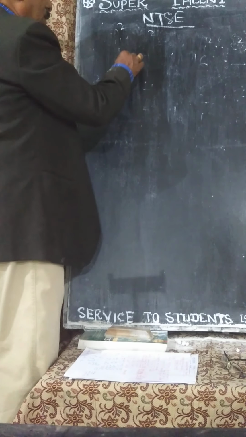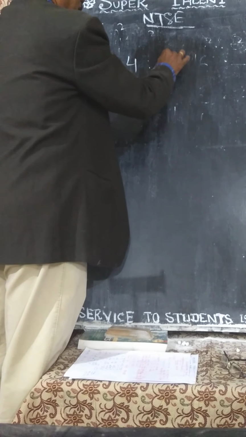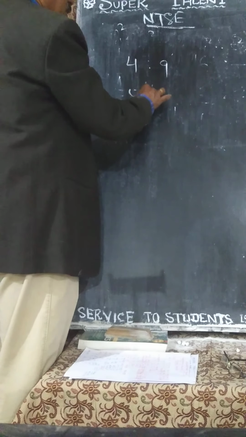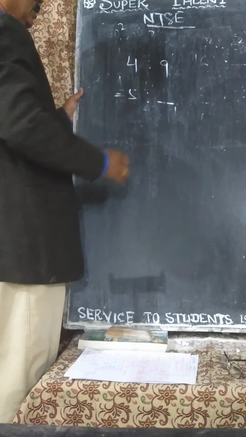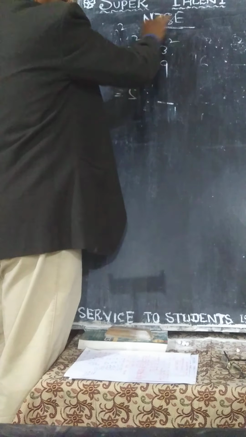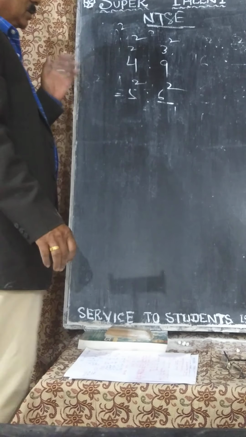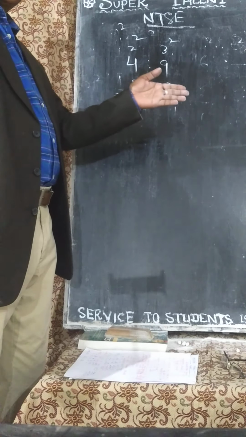Suppose we convert it into analogy: 4 is to 9, 5 is to dash. This is 2 square, 3 square, sequential, so 5 square, it will be 6 square. Same logic, but the question pattern is different.